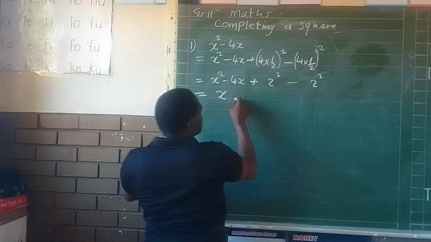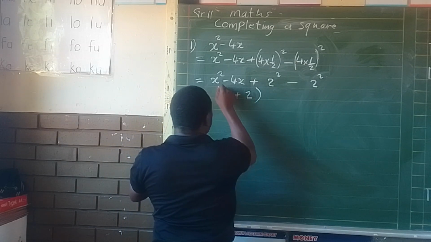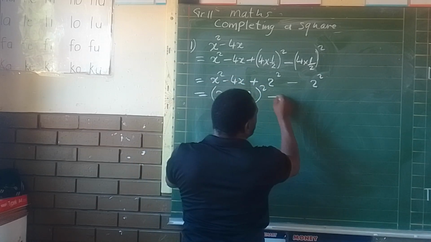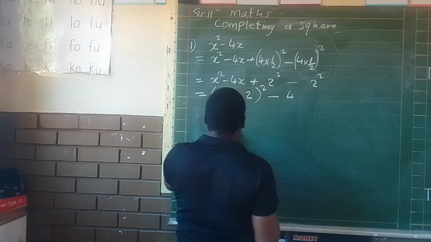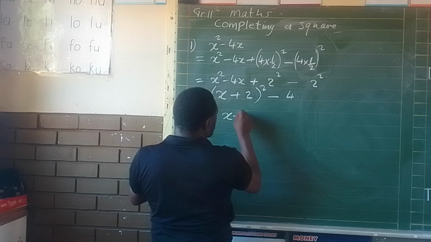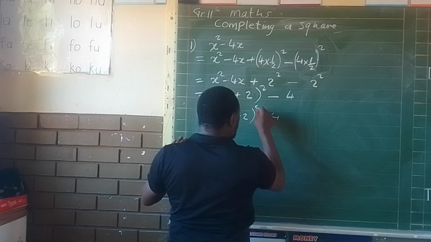It's x plus 2 all squared. I have factorized here, minus 4, which is x plus 2 all squared minus 4.